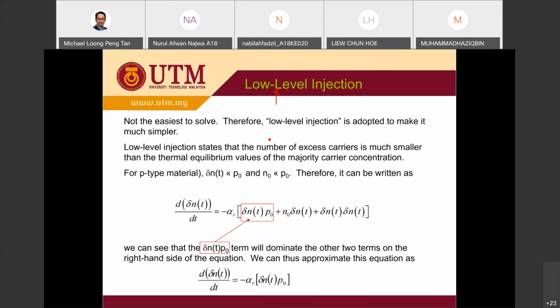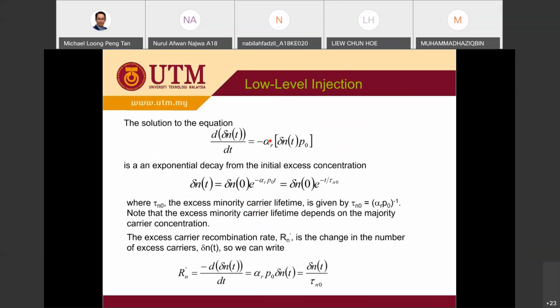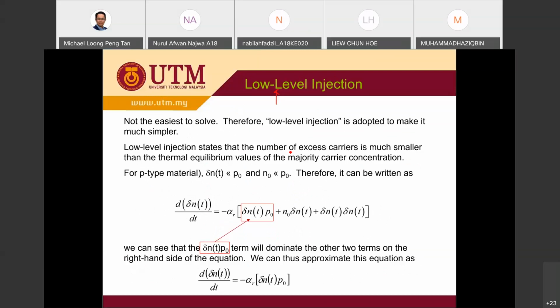You simplify them. In the end, what we do here is low level injection. If you assume that, then like I told you just now, it means that the excess carrier is much smaller than the majority carrier. So we know that this one is smaller than PO.